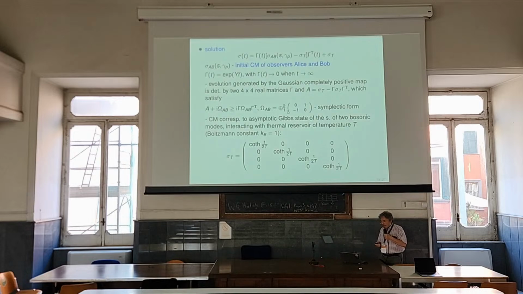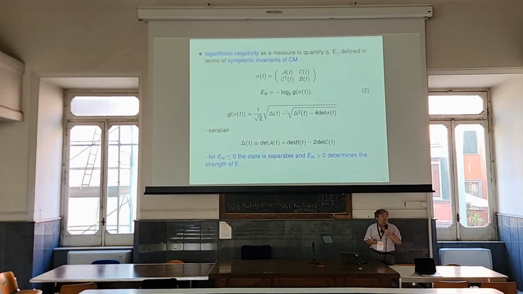So, as a measure of entanglement, we use logarithmic negativity, which can be expressed in terms of so-called symplectic invariants, which can be calculated from the covariance matrix written in the block form.